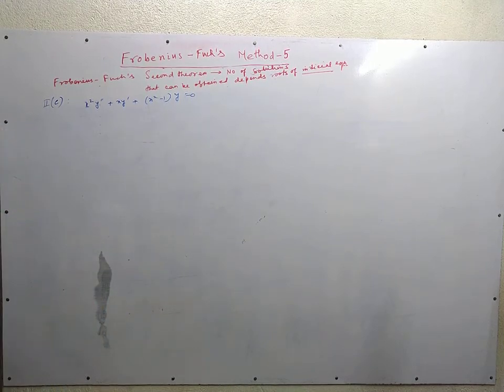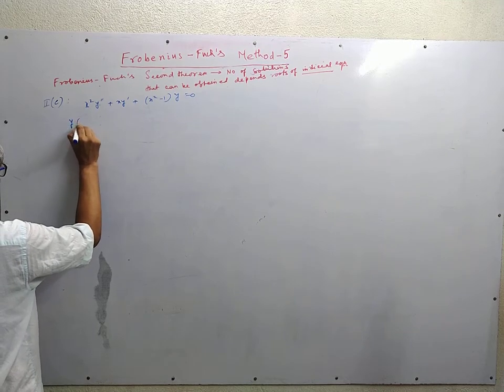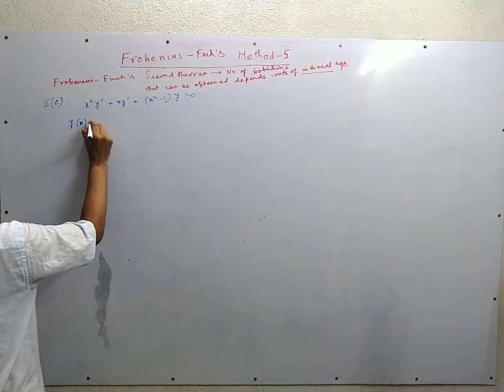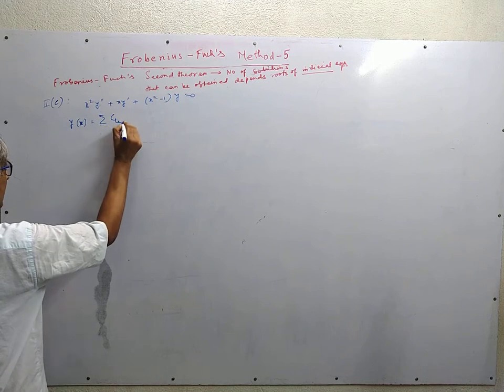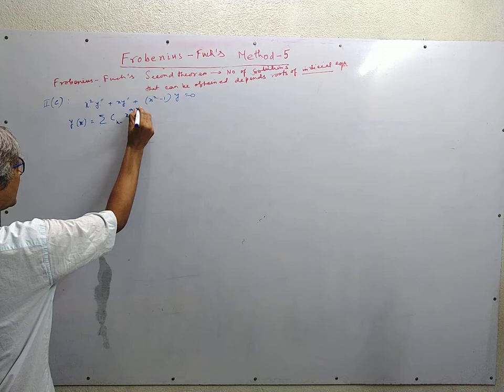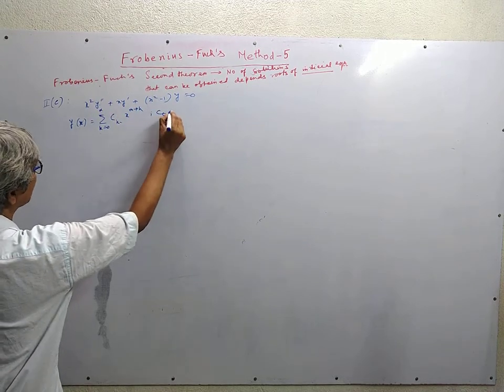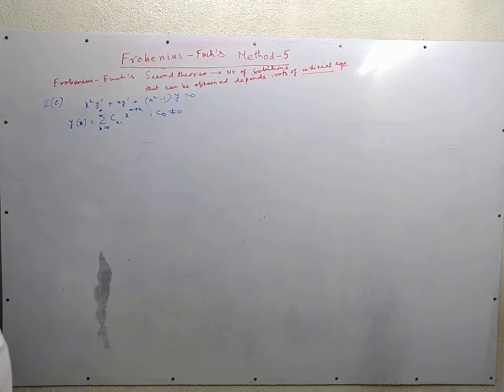X is equal to 0 is a removable singular point, so we write the solution as, with c0 not equal to 0 as usual.